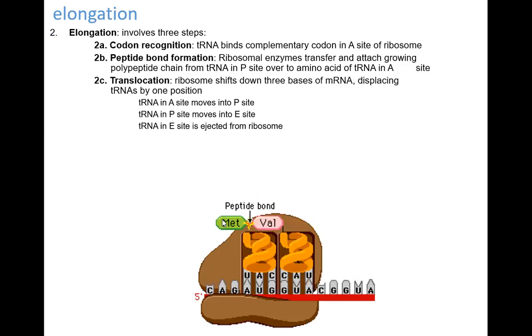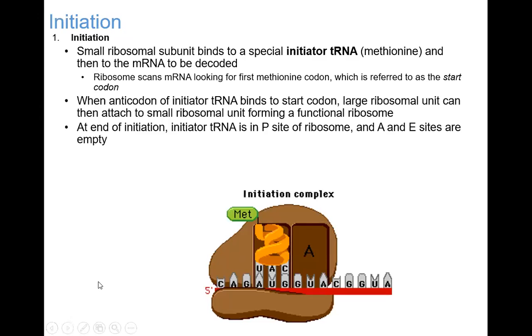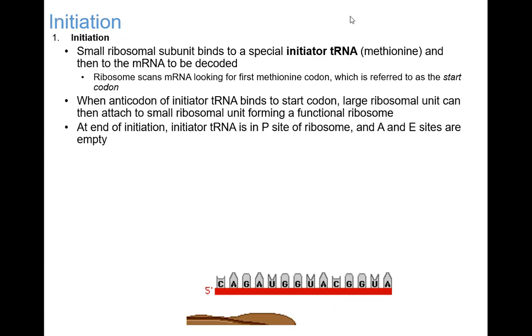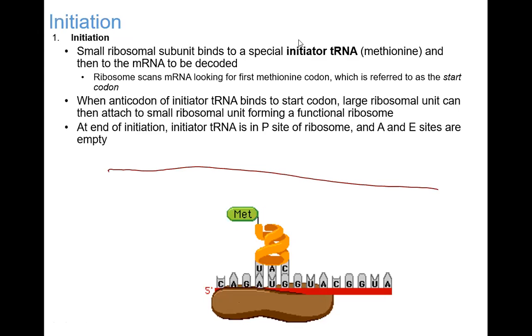AUG. Oh, stop it. Let me go back. I got carried away here. Okay, so at the beginning of every strand of messenger RNA, here is our messenger RNA, mRNA.